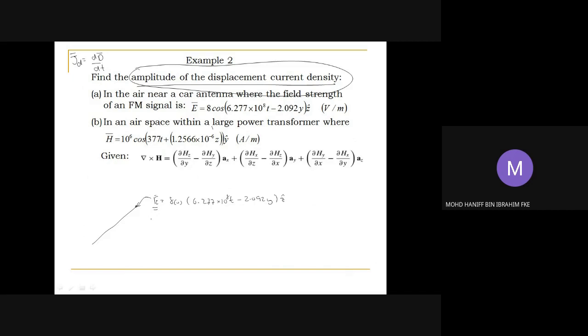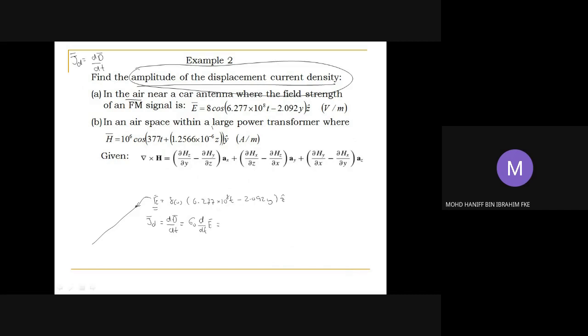Since we are given the E field, we can differentiate this particular E field to find the JD, which will be the differentiation of the D with regard to time. This is in the air, so the permittivity will be epsilon naught, and that should be the d over dt of the E field.